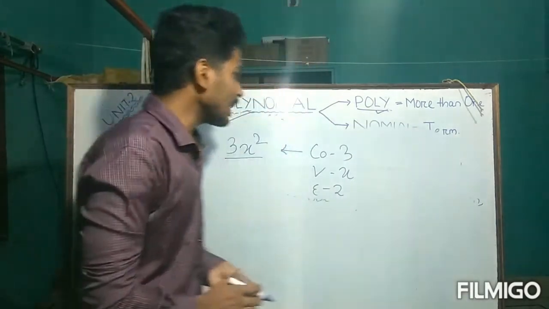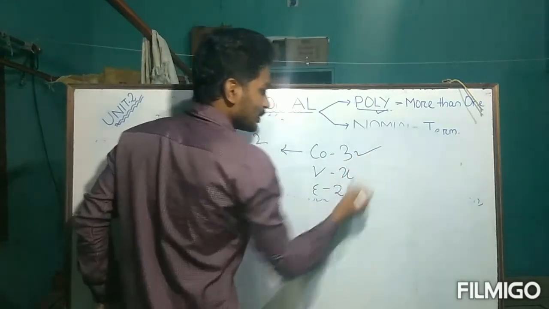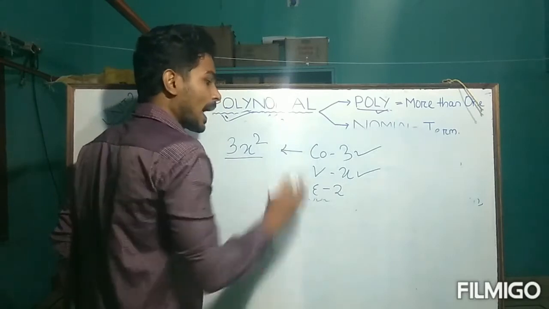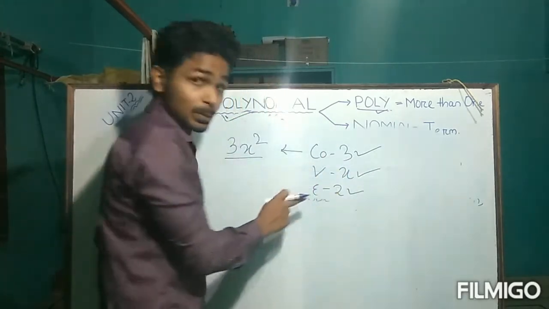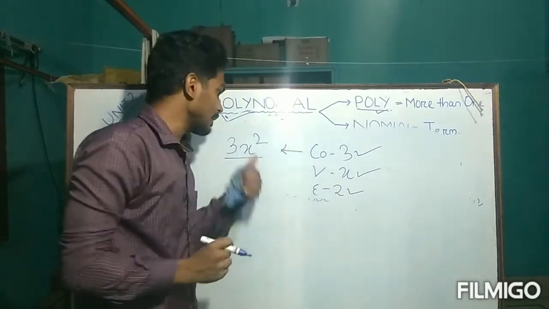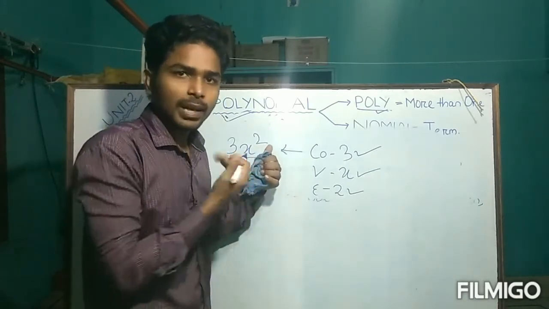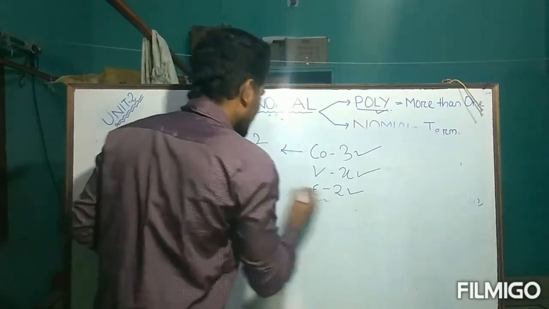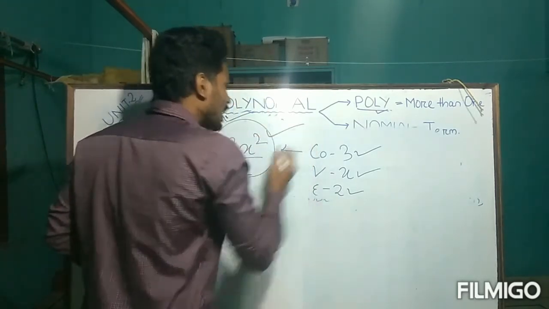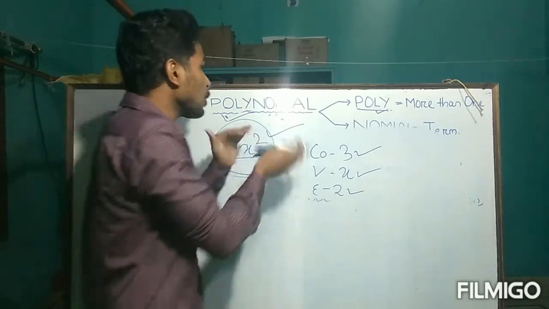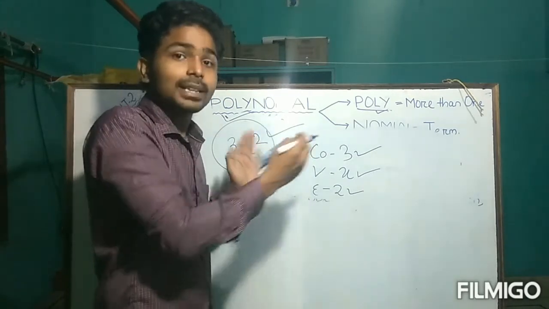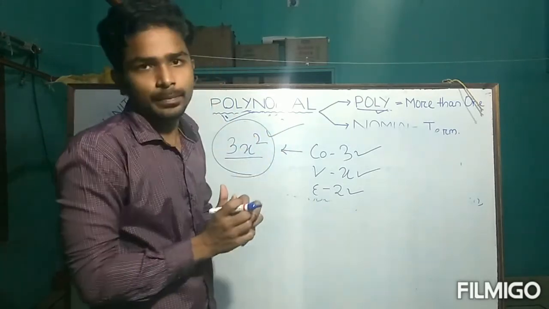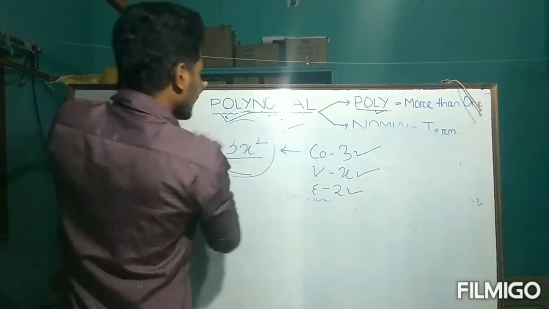The definition says that it must contain a coefficient, yes it is true; it must contain a variable, it is also true; and it must contain an exponent, and the exponent must be non-negative. Is it negative? No, it is non-negative. And an integer, yes it is an integer. Understood? So it is a nomial. We cannot say polynomial because it doesn't contain more than one term, but it is an algebraic expression which contains one term.